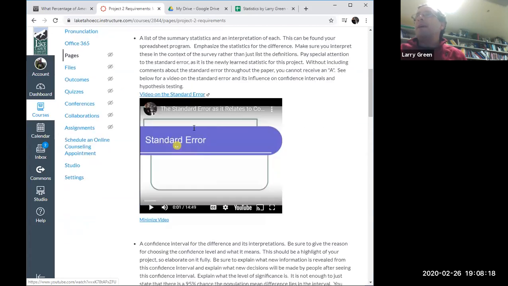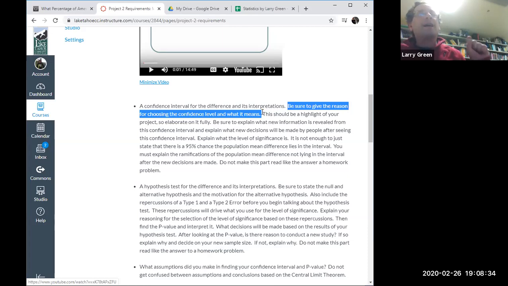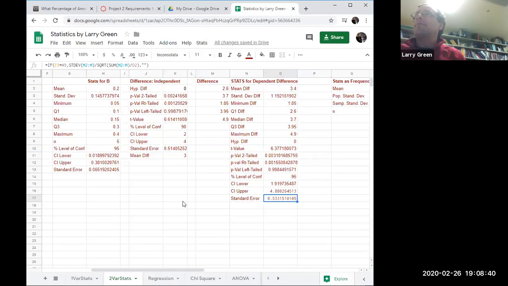Okay, the other big piece is the confidence interval. So confidence interval and its interpretations. What you're going to do, it says give the reason for choosing the confidence level. Confidence level has very little to do with the significance level. So let me go back to the spreadsheet.